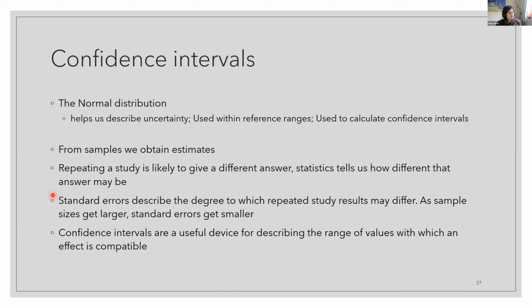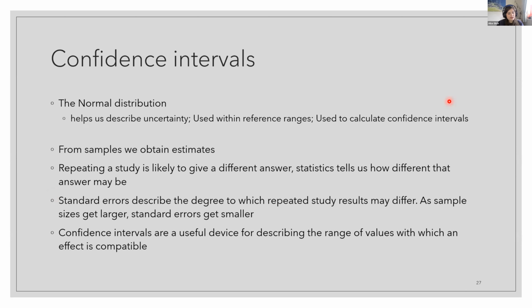Okay. So the way that we do this is by thinking about the standard error. So the standard error is telling us about the variability, not in the samples themselves, but in the population that we've measured. So in that sample of 100. So let me say that again, because I'm not sure that was too clear.